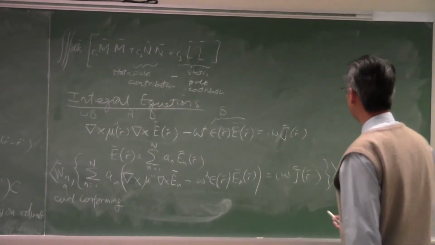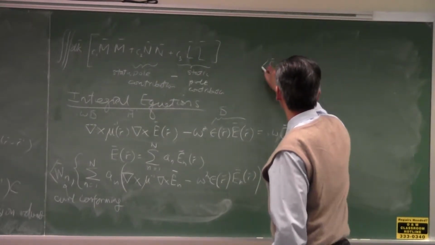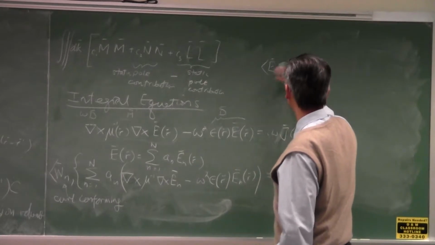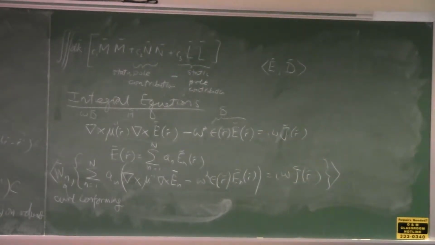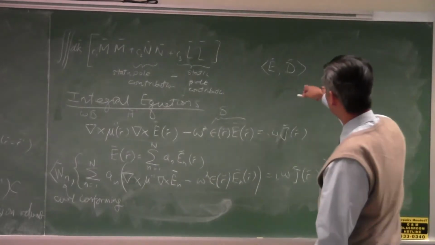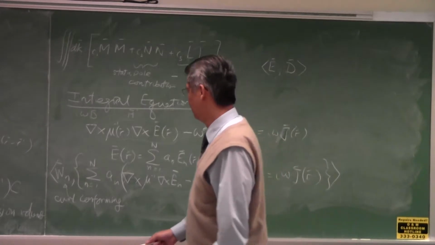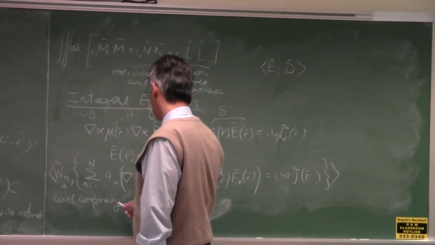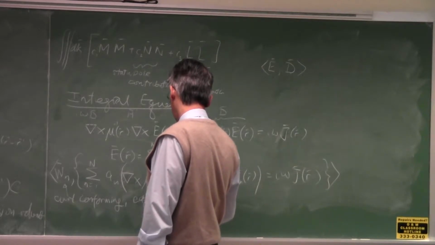So this agrees with the fact that we often see inner product like this in electromagnetics. This has something to do with stored energy kind of thing. Okay, so we see inner products like this, which means that if this is divergence conforming, this has to be curl conforming.